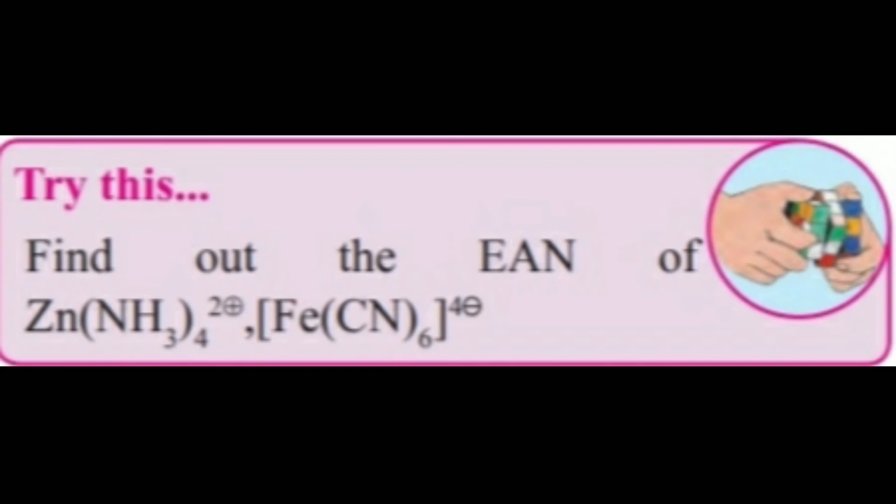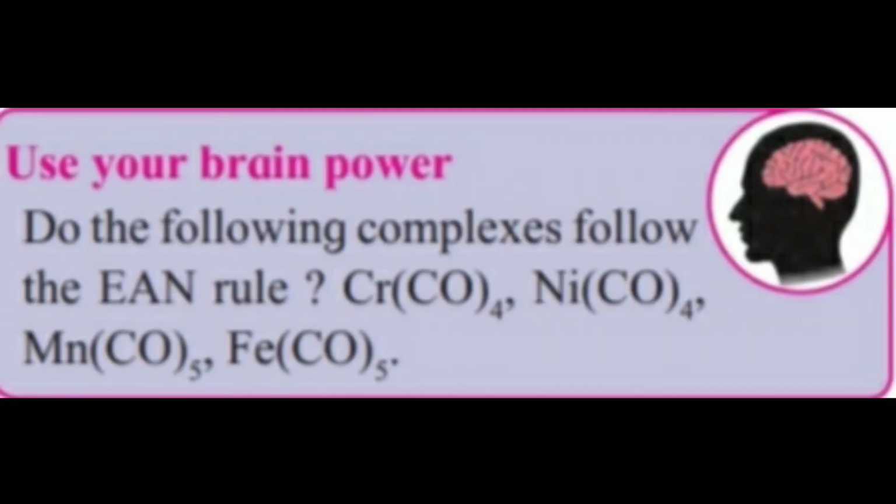Next question is, find out the EN of Zn(NH3)4 2+ and Fe(CN)6 4- complex ion. Next question, do the following complexes follow the EN rule?